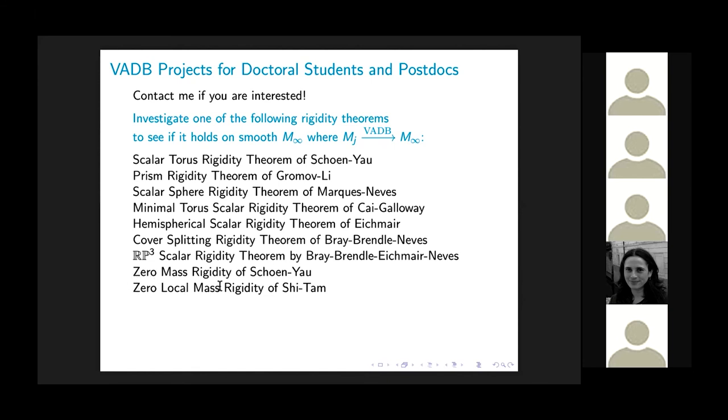And the zero local mass rigidity is Shi-Tam, who have a local mass theorem that says if you have a region that's convex, then you can find the mass of the region, called the Brown-York mass of just this region. And if that mass is zero, then the region is flat. So these two theorems are actually perhaps more studied than any of the rest of this, because it is so important to people to understand the almost rigidity of these for physical reasons.